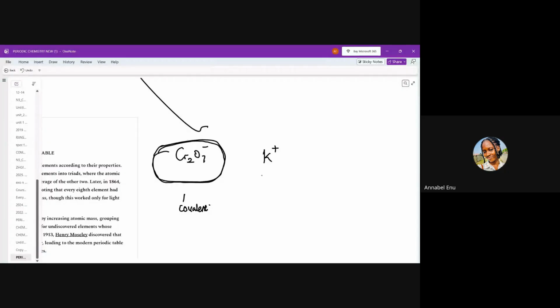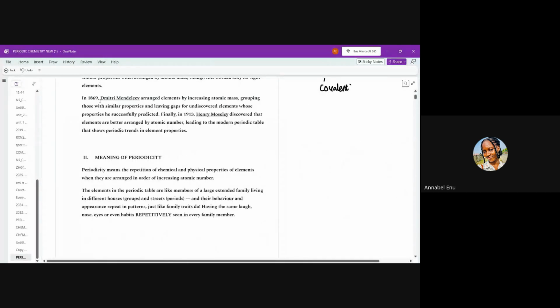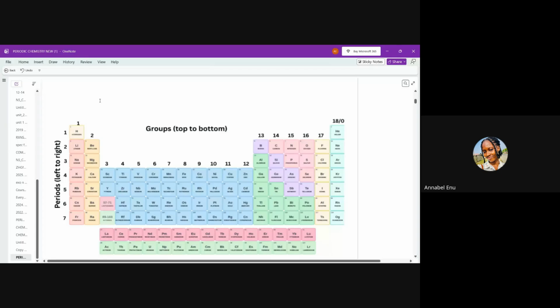When it is bonded together with something like potassium, that's when we have potassium dichromate. That would now be an ionic bond, because this is the positive end and this is the negative end. But the bond that combines this chromium and this oxygen is covalent. Okay, Melody. So now let's look at this periodic table again.